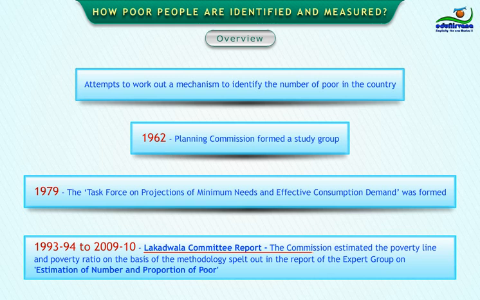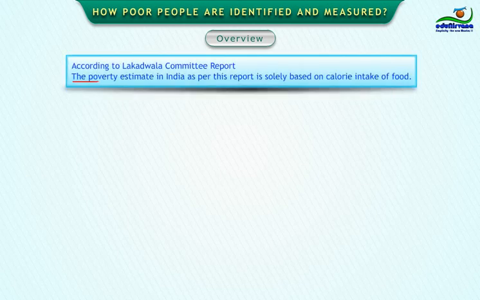The Commission has been estimating the poverty line and poverty ratio from 1993-94 to 2009-2010 on the basis of the methodology spelt out in the report of the expert group on estimation of number and proportion of poor, known as the Lakdawala Committee Report. The poverty estimate in India as per this report is solely based on calorie intake of food.